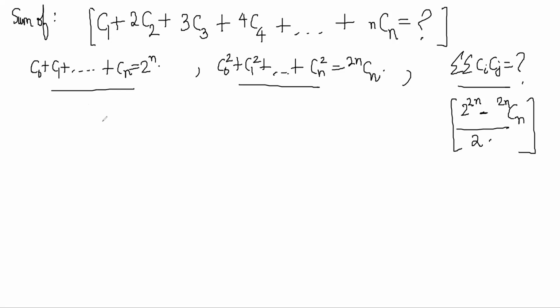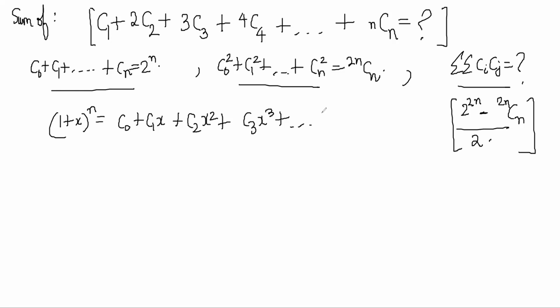The way you approach it is first write your 1 plus x to the power n, and that is going to be C0 plus C1 x plus C2 x square plus C3 x cube and so on till Cn x power n. This is your standard identity that we will more or less all the time be using. From here only you got this by putting x equal to 1.